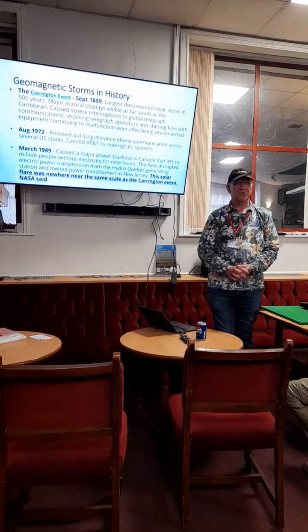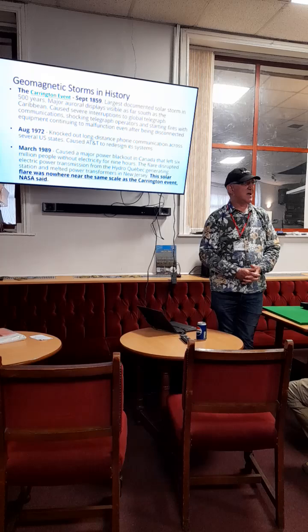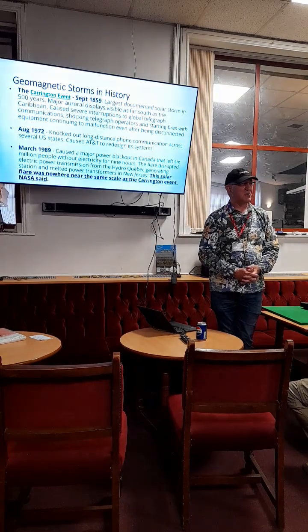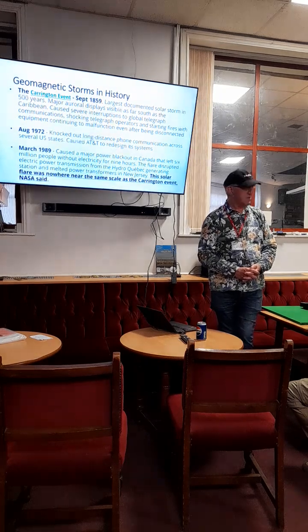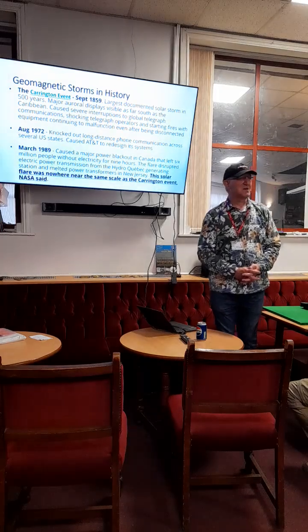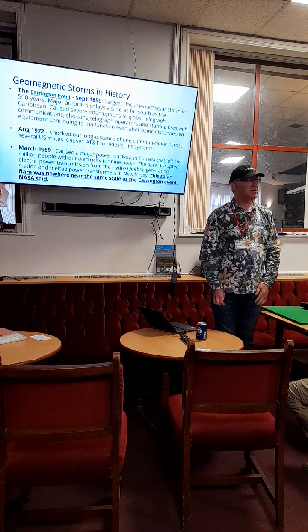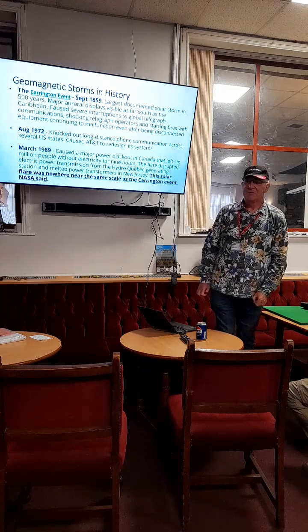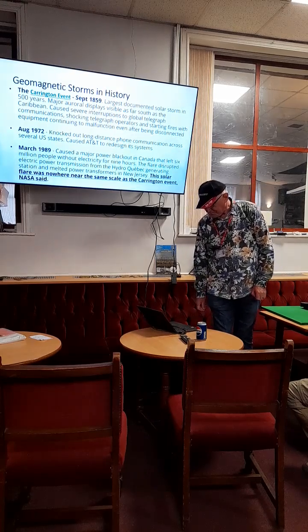Imagine today with GPS, airliners flying above, the internet and all the technology that we depend on so much. They're worried. If we get another Carrington level event, it's going to knock us for 6. It's going to take possibly weeks to recover from that. And some of you who work in IT will be repairing things. So yeah, to be worried about.